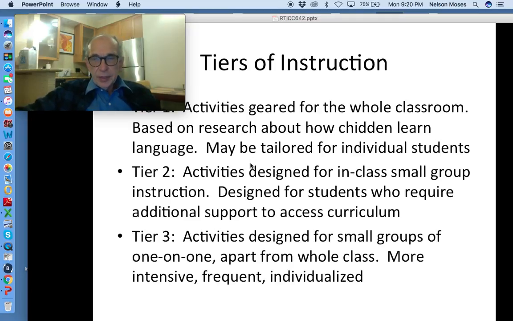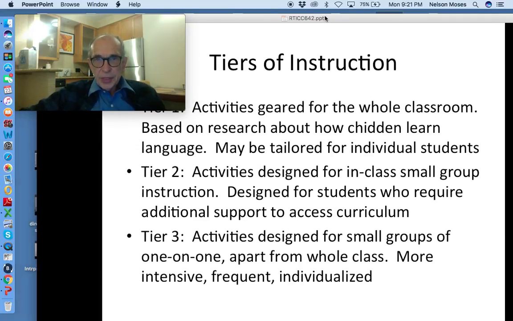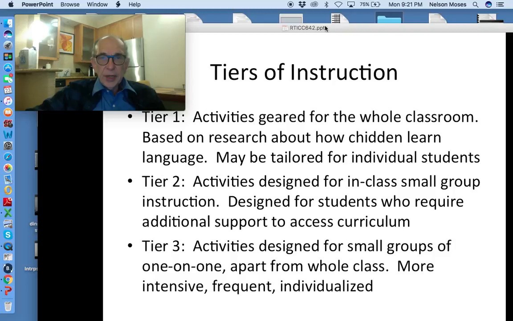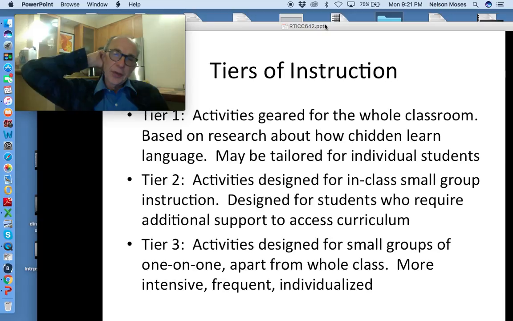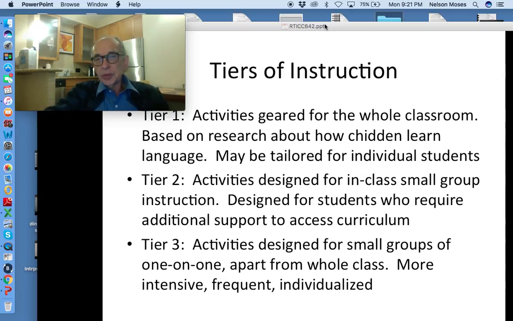Now, in the RTI model, there are 3 tiers of instruction. Tier 1, activities geared for the whole classroom based on research about how children learn language. And so activities in the classroom may be tailored for individual students.